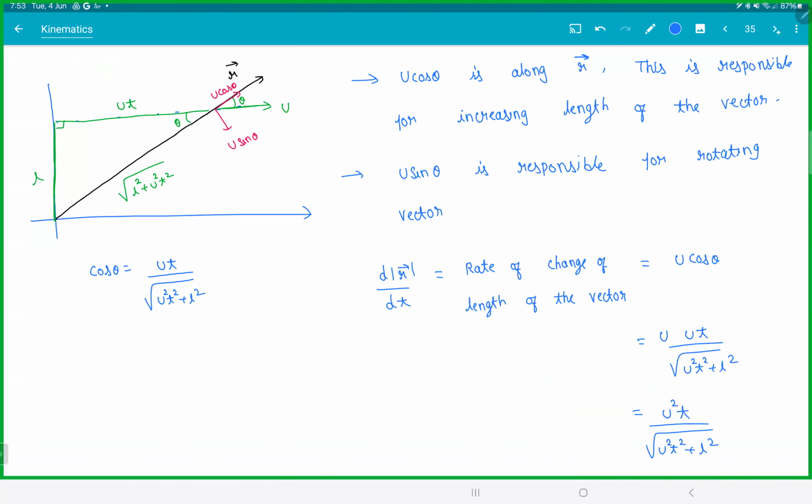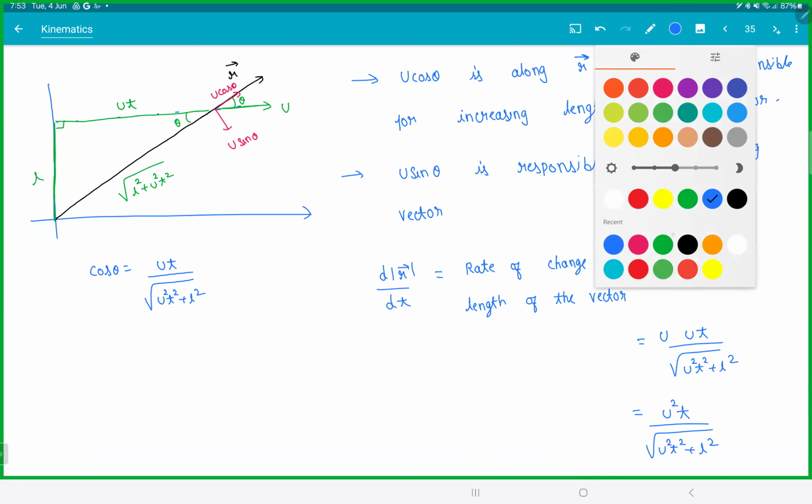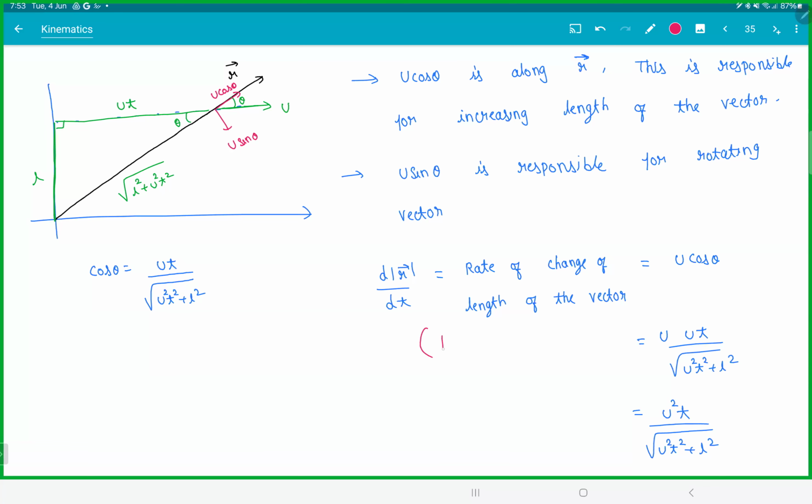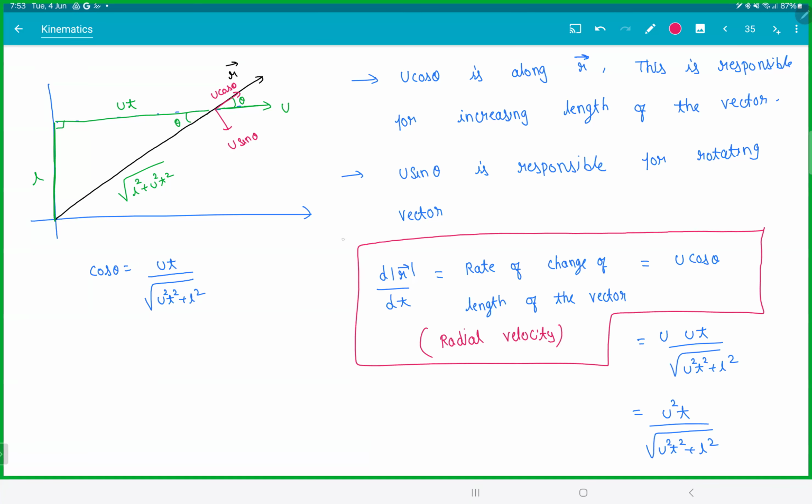So if you know that the u cos theta component is the velocity, without differentiation you would have got the answer. There's a technical name for this. This is also called radial velocity, because the velocity is along the radius or along the vector. Clear? So basically, this is your u cos theta. Quite a useful thing, d mod r by dt.